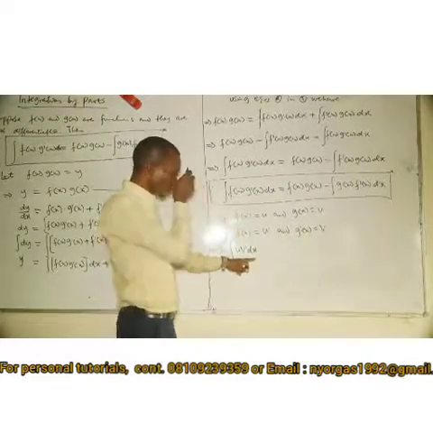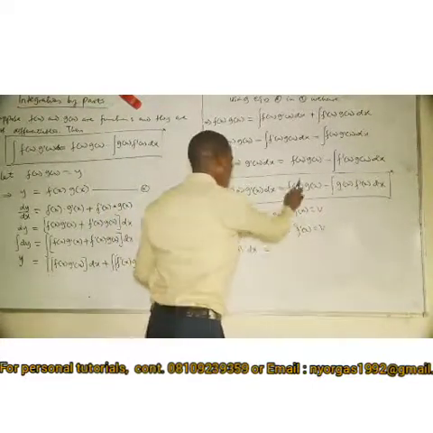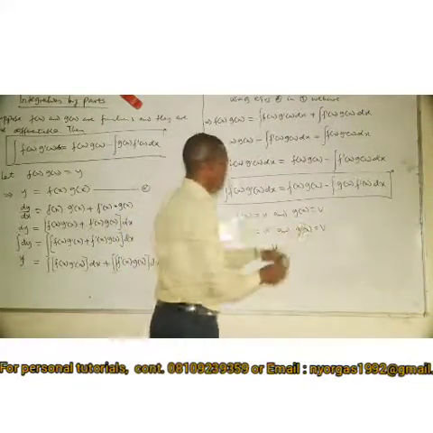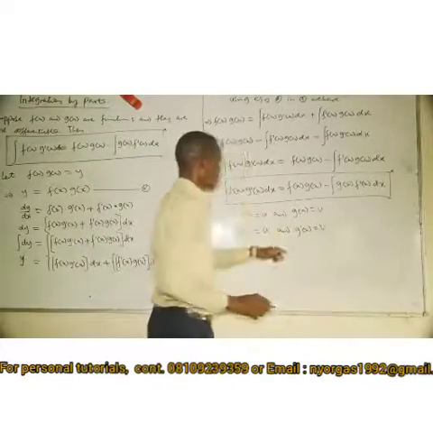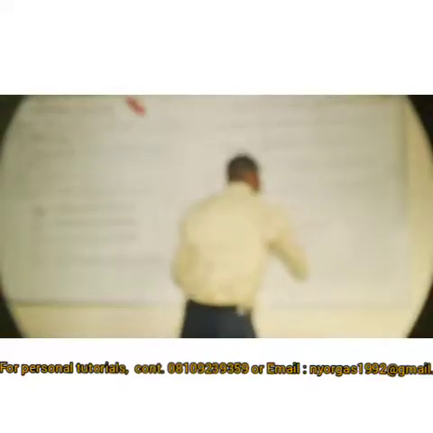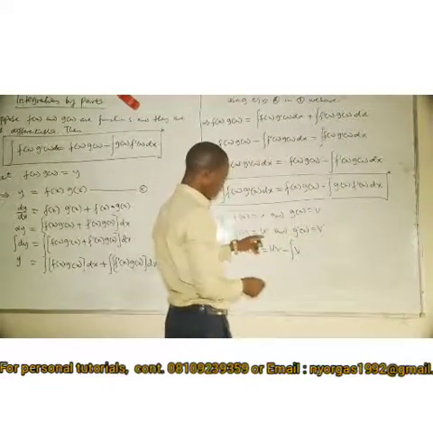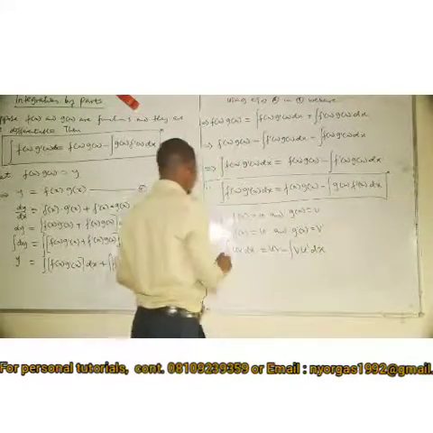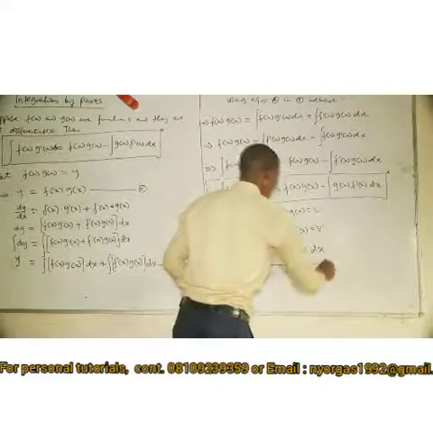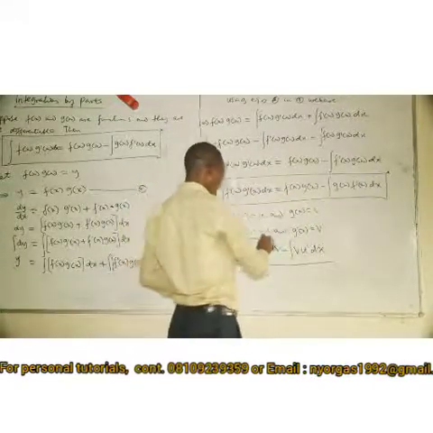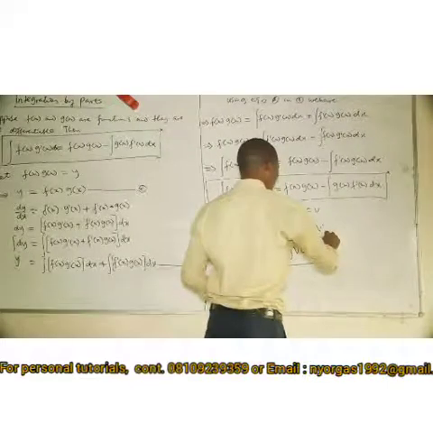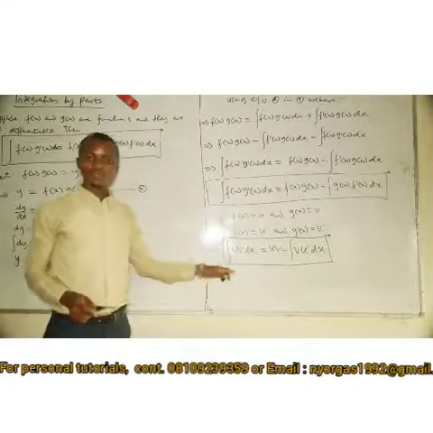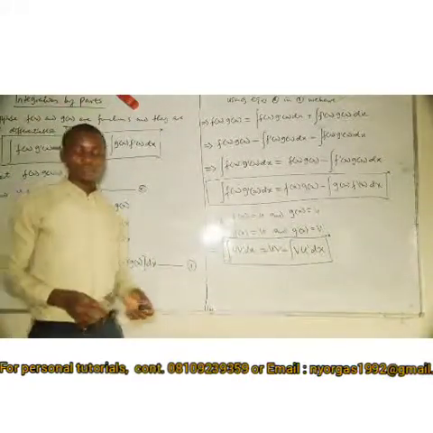On the right side, f of x is u and g of x is v, so you have u v, minus the integral of v, and f prime of x is u prime, then your dx stands. Now this formula can be reduced to this form, and this is what we shall be using in solving problems that involve integration by parts.